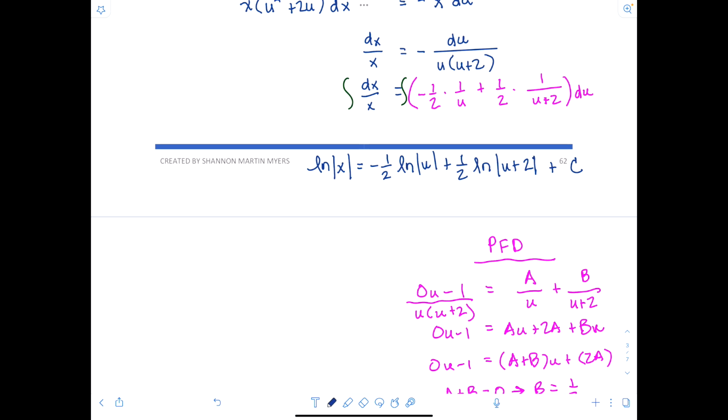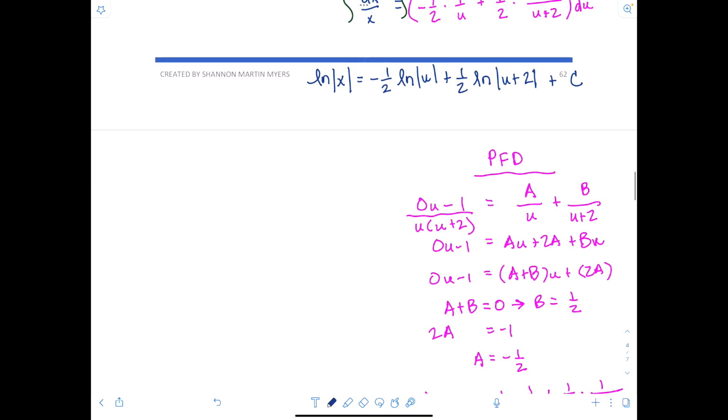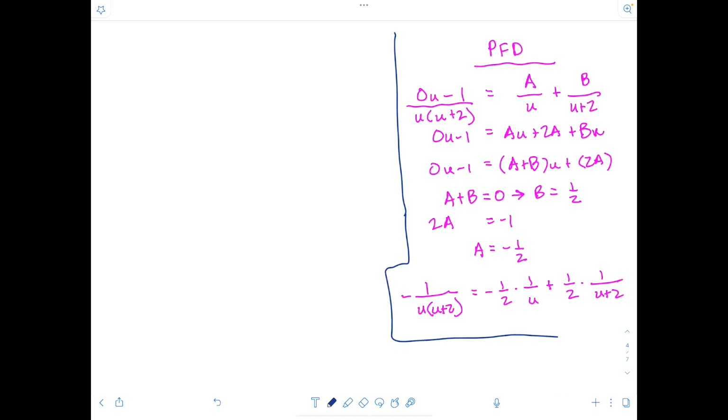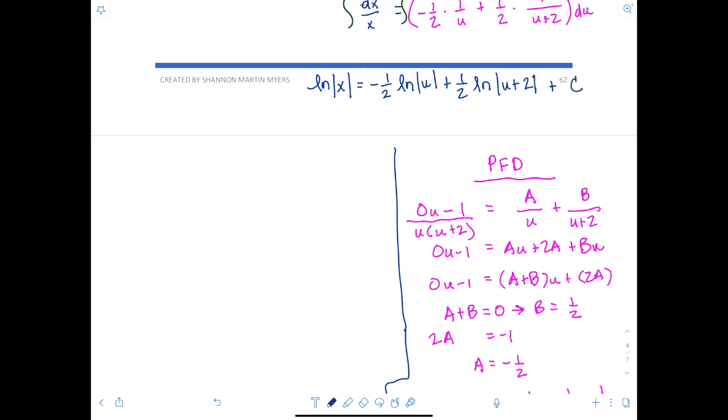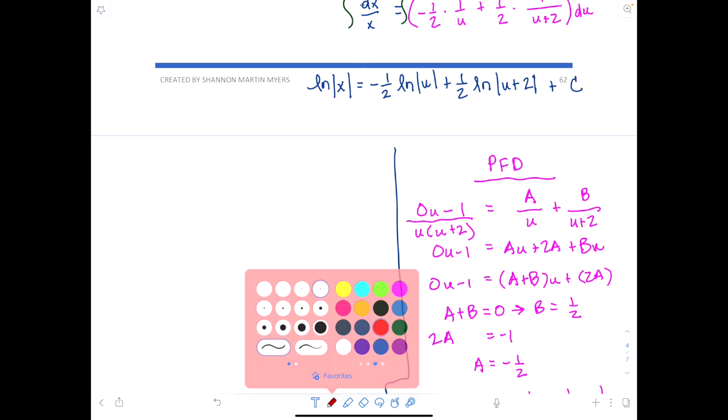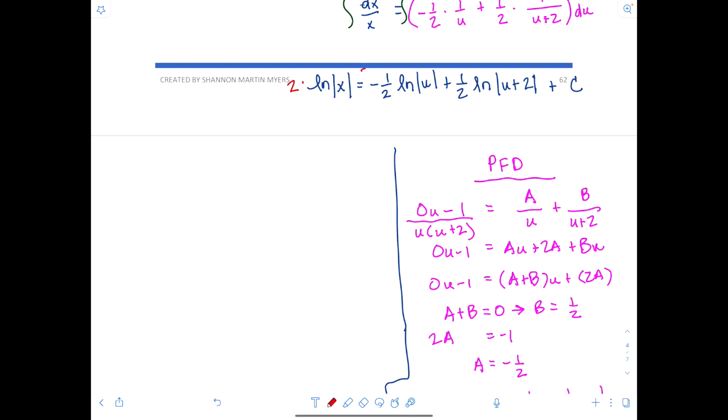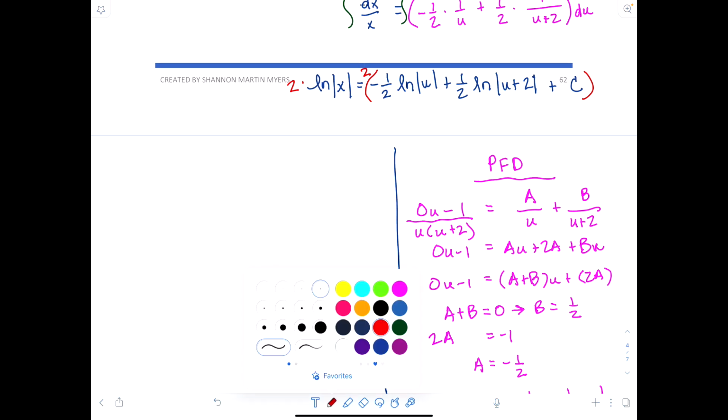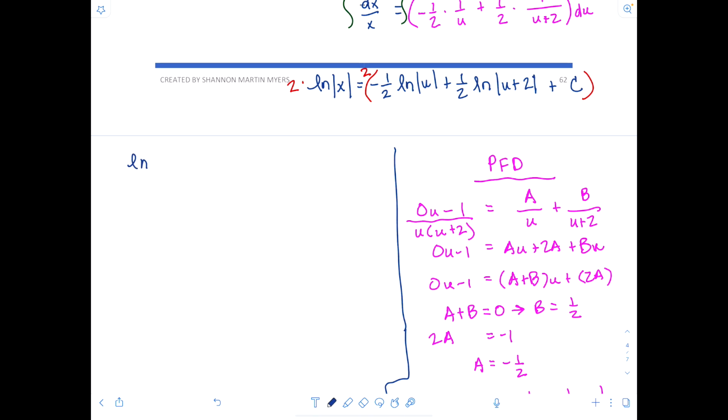All right, so now let's keep working with it. So bringing this over, I'll do kind of a dividing line over here. I'm going to multiply everything by 2. I want to clear the fractions out. So I will get natural log x squared.